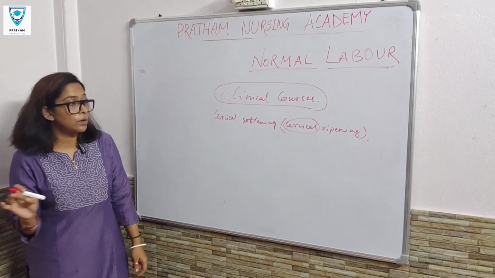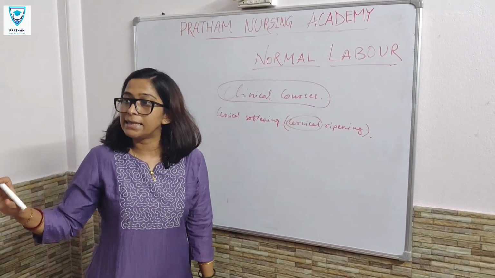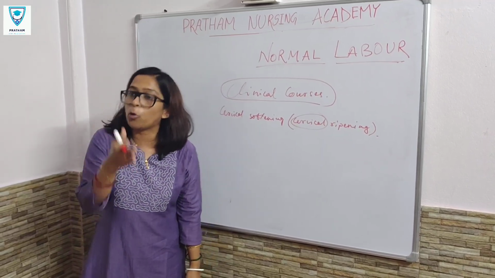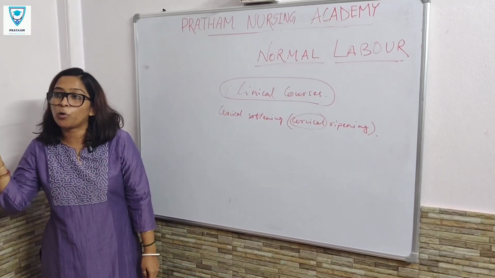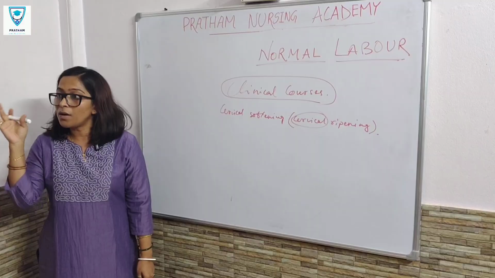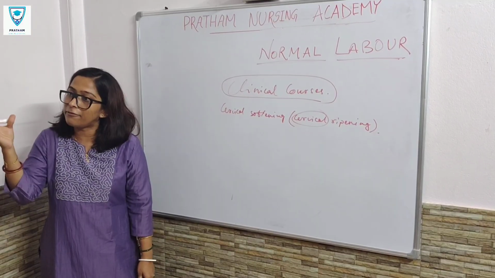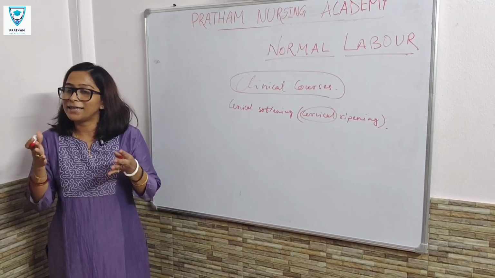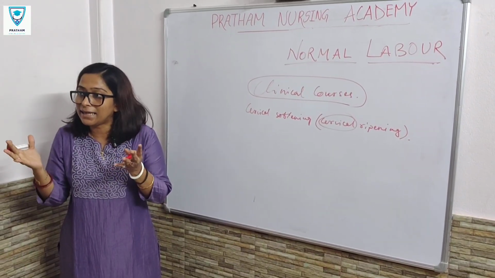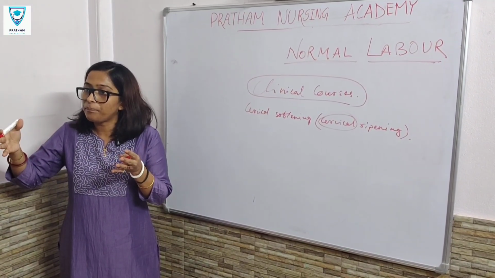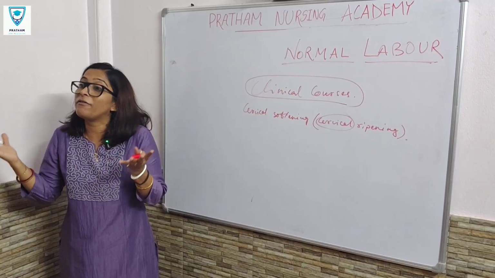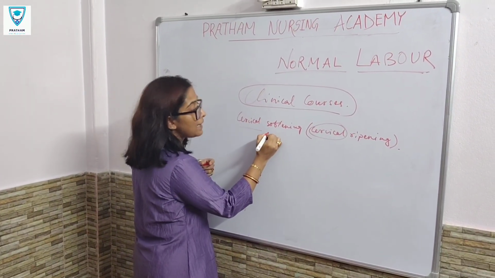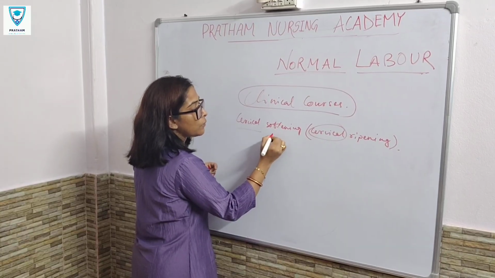As we all know, all the cells inside our body are protein in nature. So to break the protein, we need a proteolytic enzyme. So the cervical gland itself secretes some proteolytic enzymes so that the cervix could be broken down and further softened. So this happens in cervical ripening. This is under one preparation.